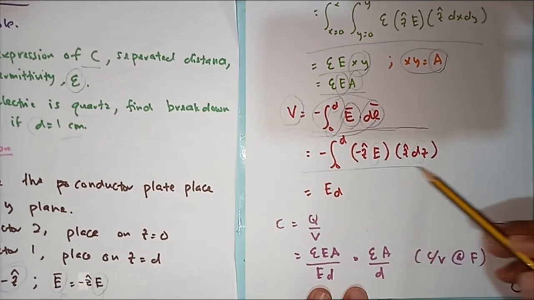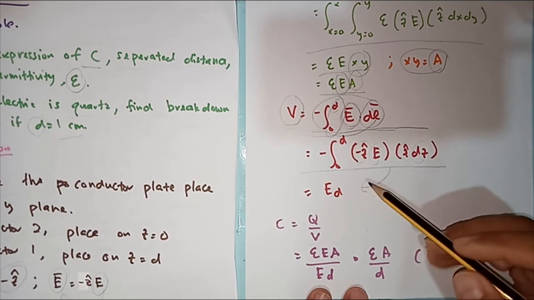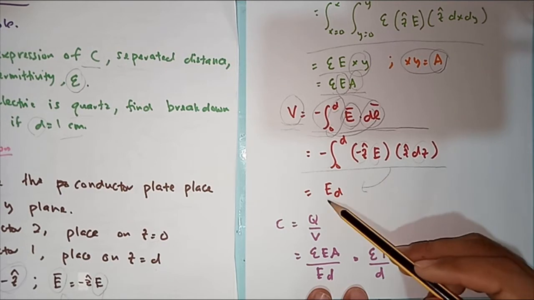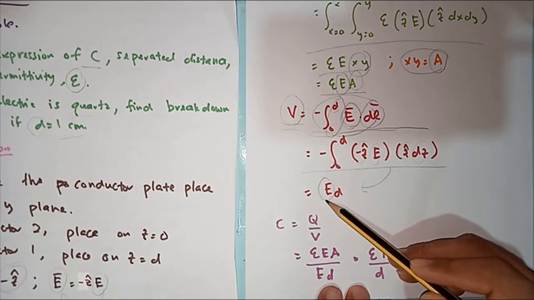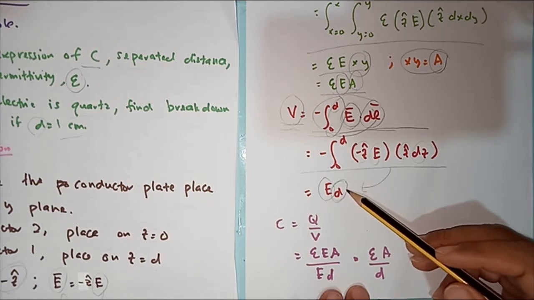So by solving this operation, we will have the expression that represents our potential difference, which is equal to E, the magnitude of the electric field intensity, multiplied by D. So D is the thickness of the dielectric.